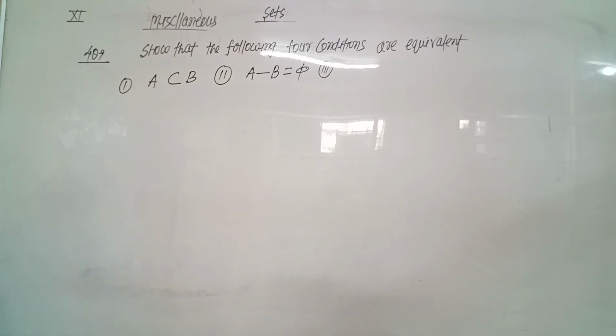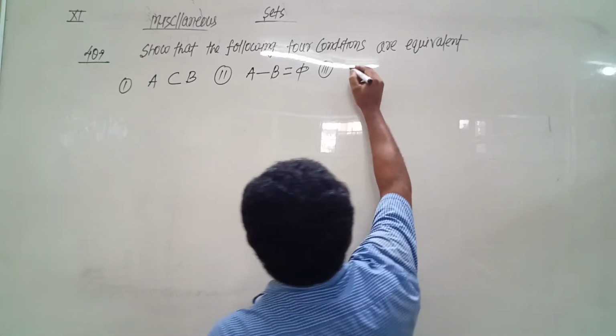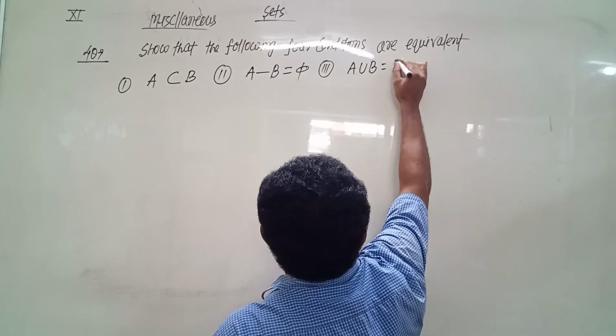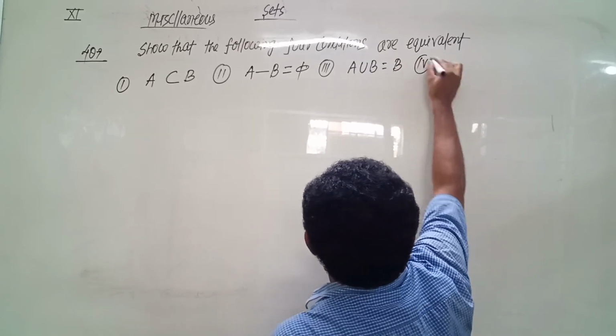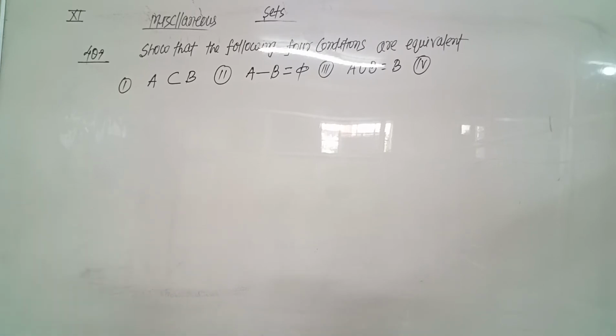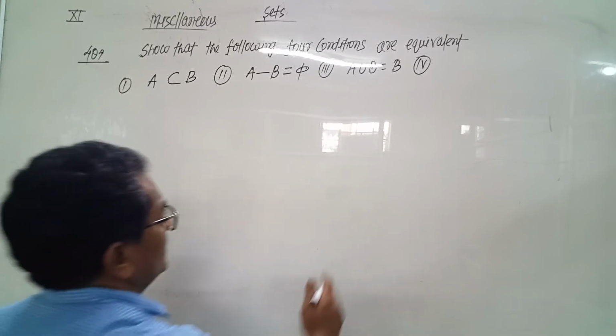And third is A union B equals to B, and the fourth is A intersection B equals to A.